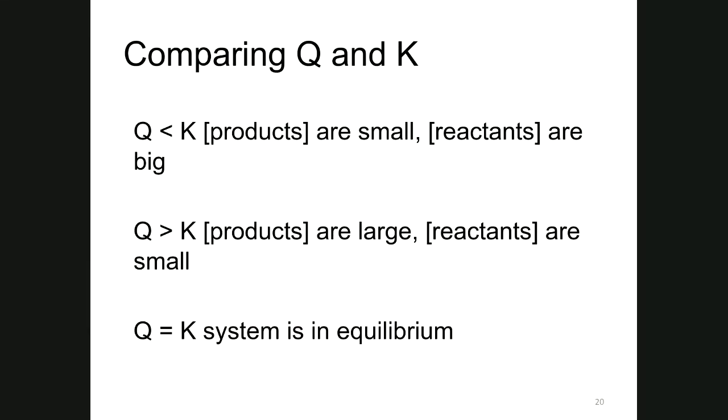So in the case of Q being smaller than K, remember, if Q is a small number, that means we have a small amount of products because products are in the numerator. And if we have a small number in the numerator and a larger number in the denominator, we end up with a small number. So if Q is less than K, we have more reactants than products at that point in the reaction.